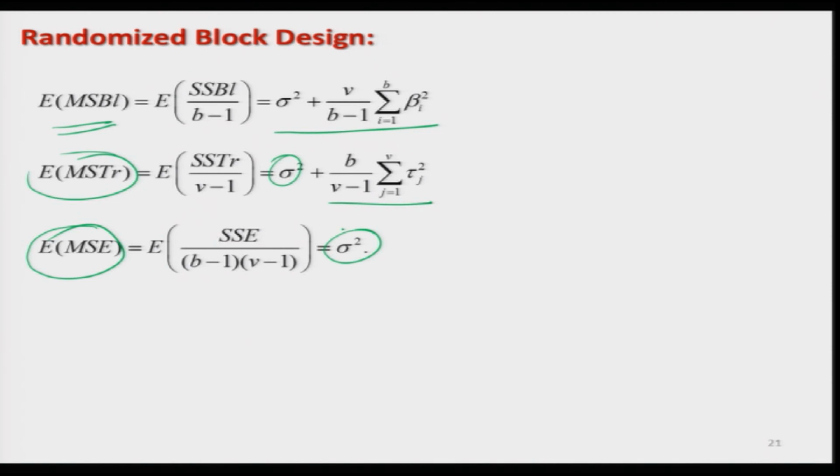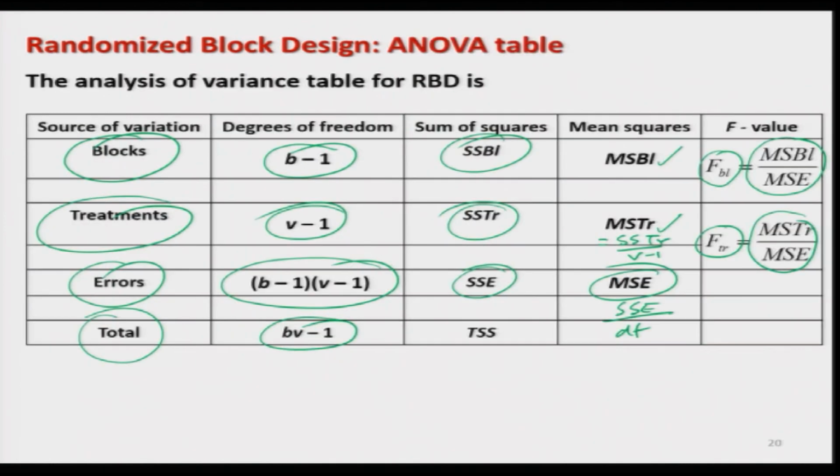So, you can see that in this case also an unbiased estimator of sigma square is provided by the MSE. If H naught B is accepted, that means all beta i are 0, so this term is going to be 0, and the expectation is only the same as sigma square. This is what I meant when I wrote this term.